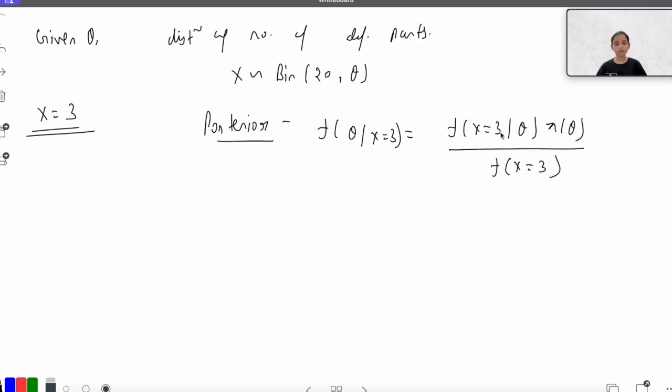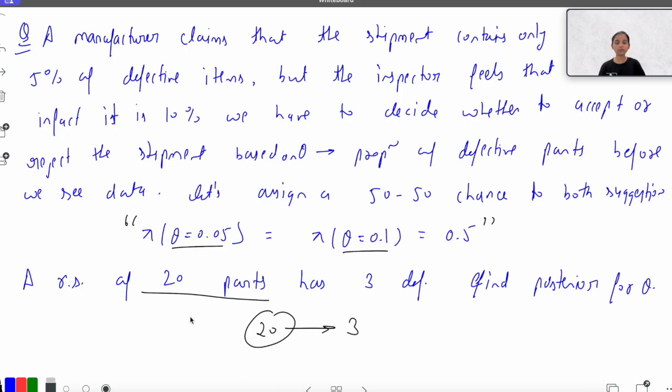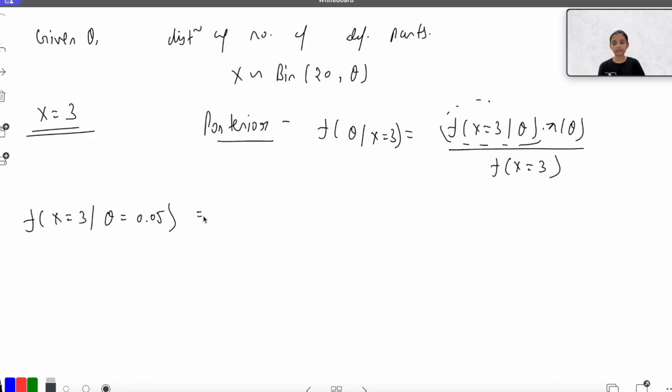Okay, so let's work on this first, what will be the likelihood function for this scenario. So f of x equal to 3 given theta as 0.05, because theta can only take two values, which are 0.05 and 0.1.